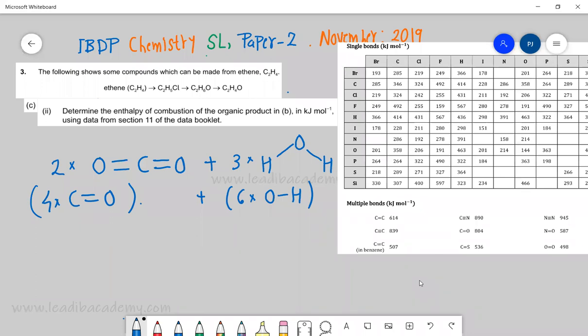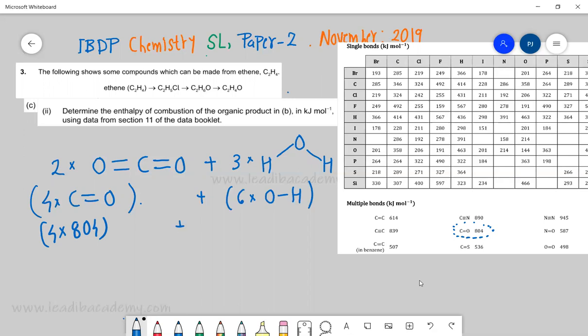So now coming to the product side, we can see that in carbon dioxide, each carbon will have 2 C double bond O. Since we are talking about the balanced equation, there are overall 2 carbon dioxide, so that means 4 C double bond O. So let's look into the C double bond O, that is 4 into 804.